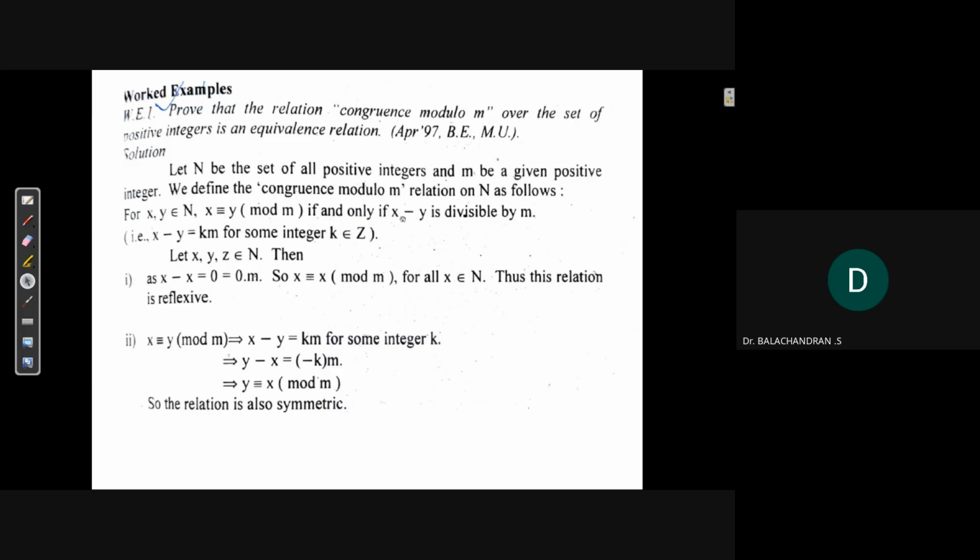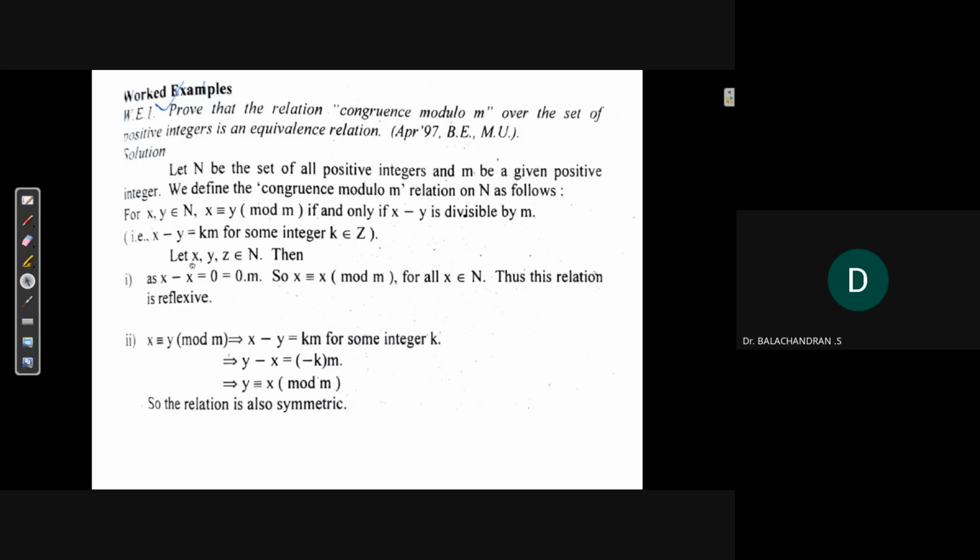What is the meaning of x minus y divisible by m? x minus y equals km for some integer k. This integer k is either a positive or negative integer; k belongs to capital Z, the set of all integers. Now I want to show, first, that it is reflexive.